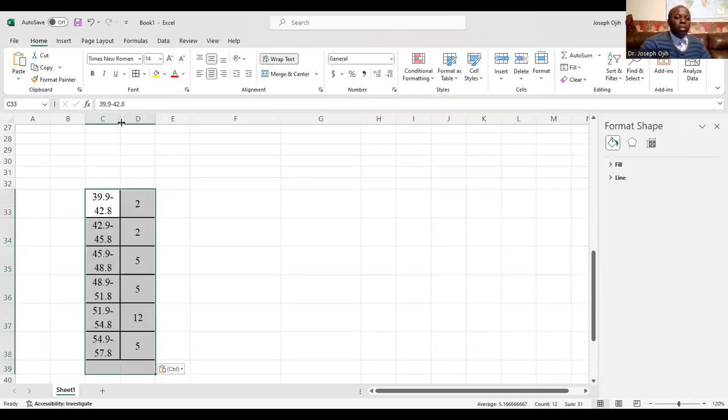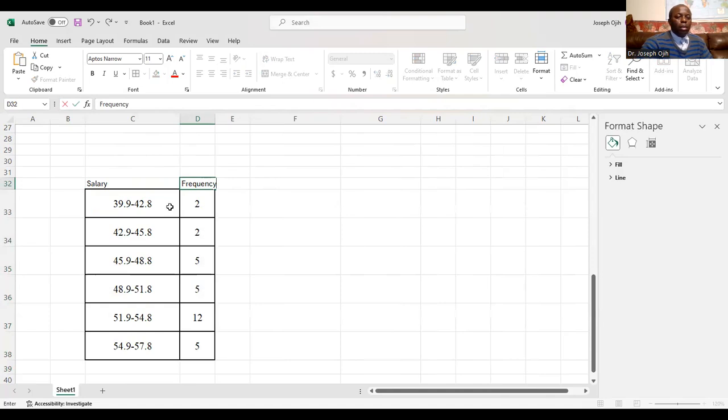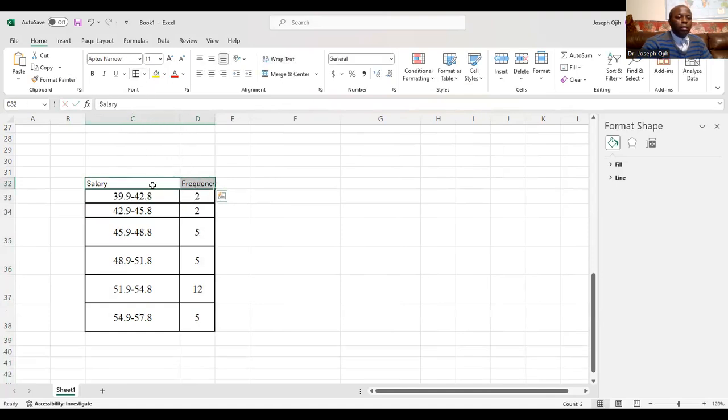Again, remember this one is salary, and this is the frequency. Salary and frequency.